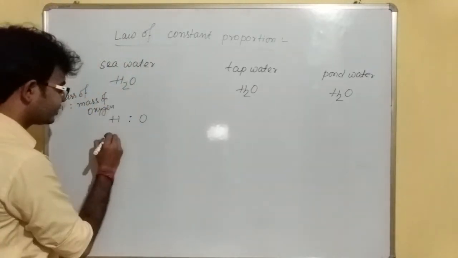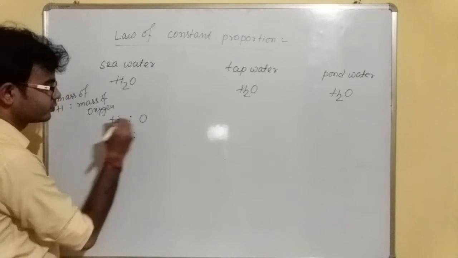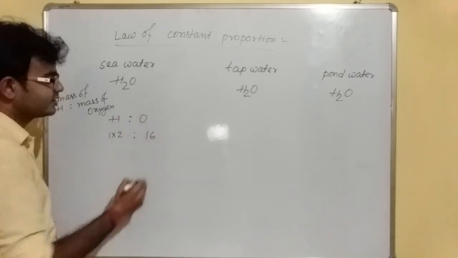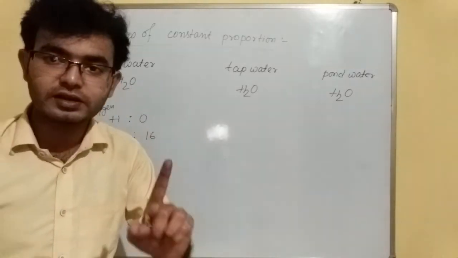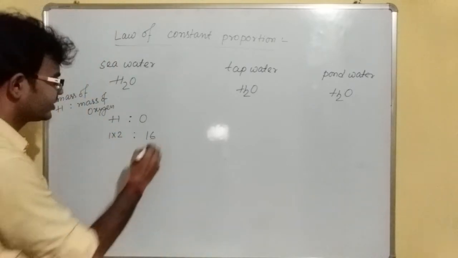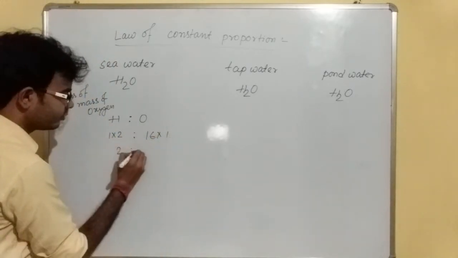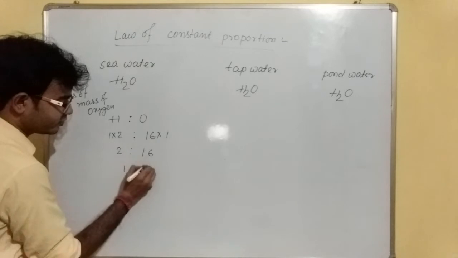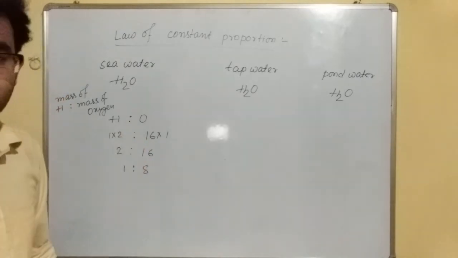There are 2 hydrogen atoms, that will be 1 into 2 is 2. Oxygen is 16. There is only 1 oxygen atom, that is 16 into 1, or you can write directly 16. That will be 2 is to 16 and it is 1 is to 8.